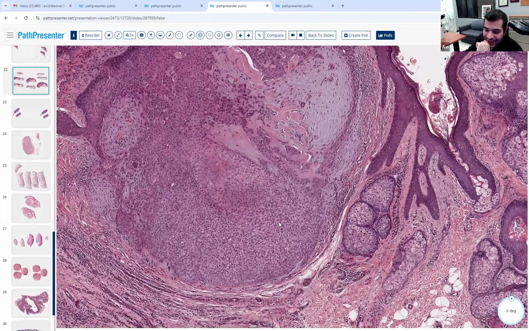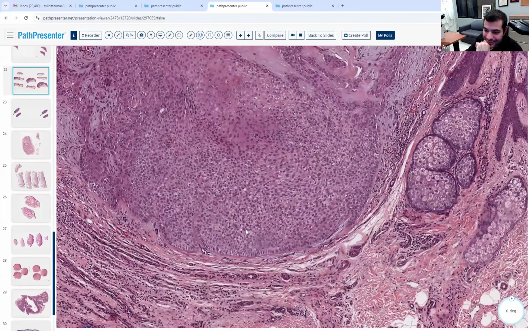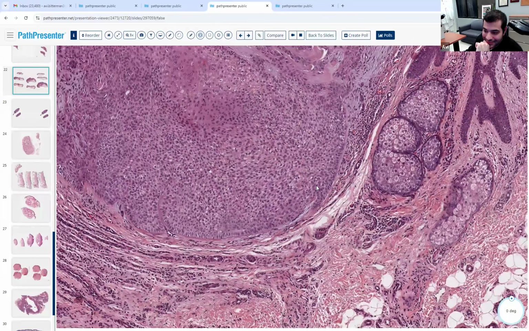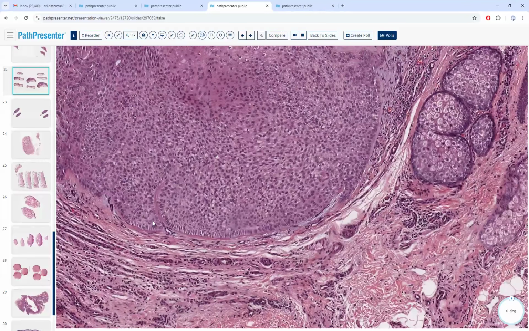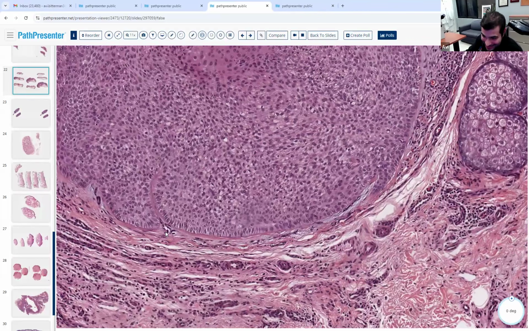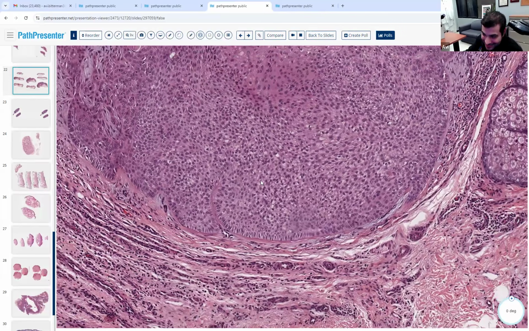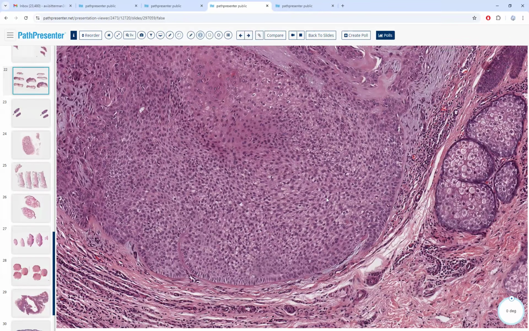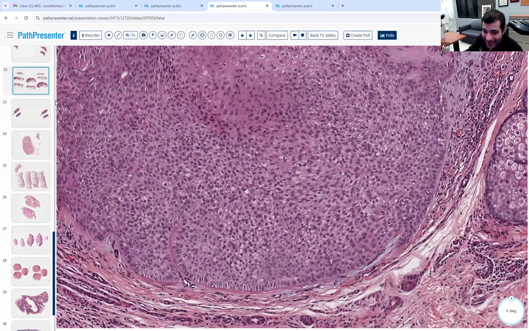What do you see over here? Is that palisading? Yeah, there is peripheral palisading. And what about here? You're talking about the cells with glycogen. Yeah.